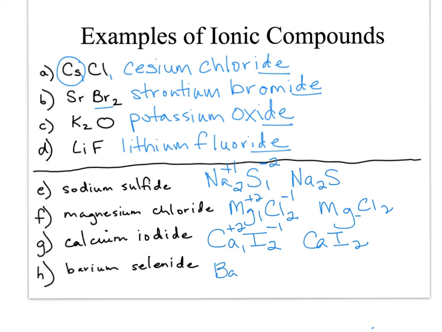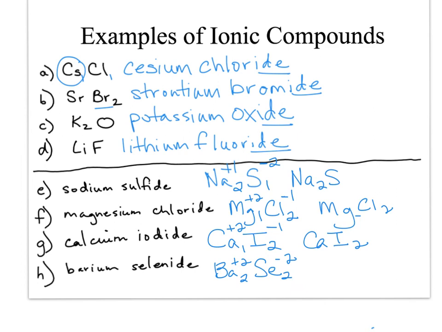And lastly, barium selenide. Barium is in group 2, so it has a charge of +2. Selenide, which has the symbol Se, is in group 6, so it has a charge of -2 because it wants to gain 2 electrons. And then by the crossover method, I bring them down.